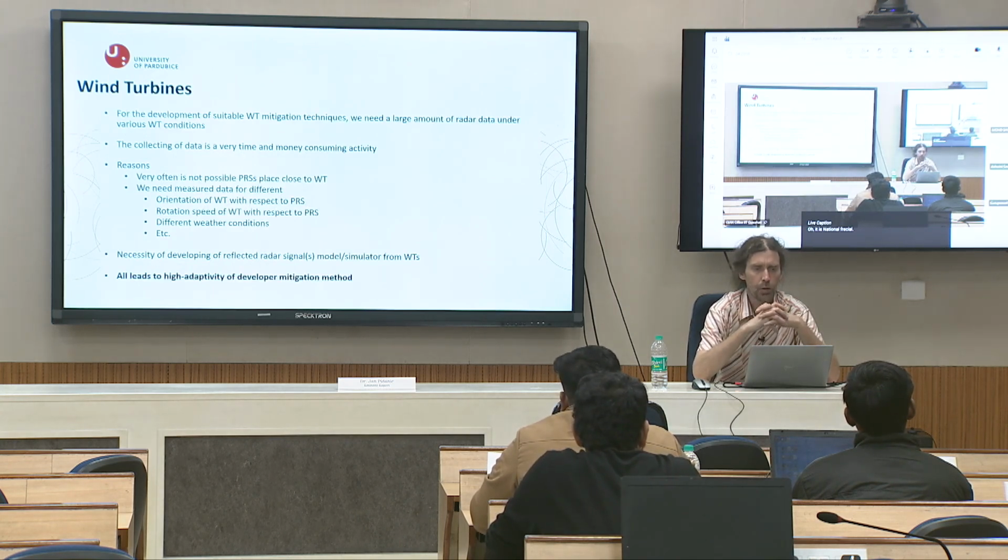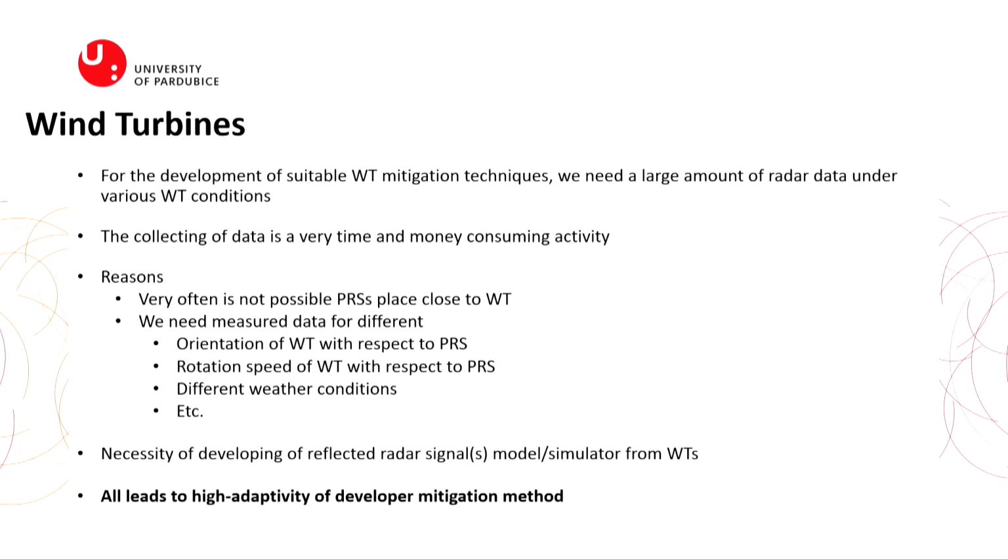For the development of suitable mitigation techniques, you really need a large amount of radar data under various wind turbine conditions. And this is a problem, because you can't easily have a large amount of data under various conditions.